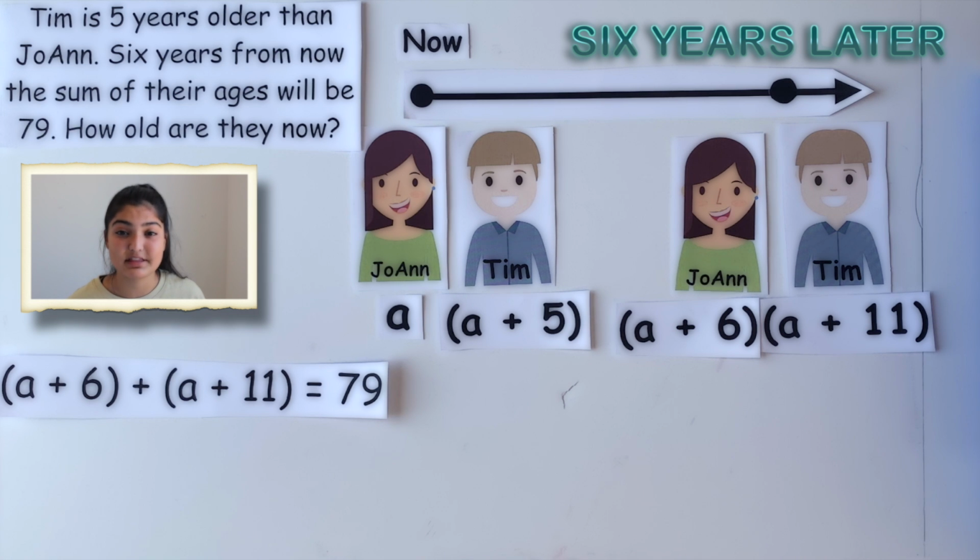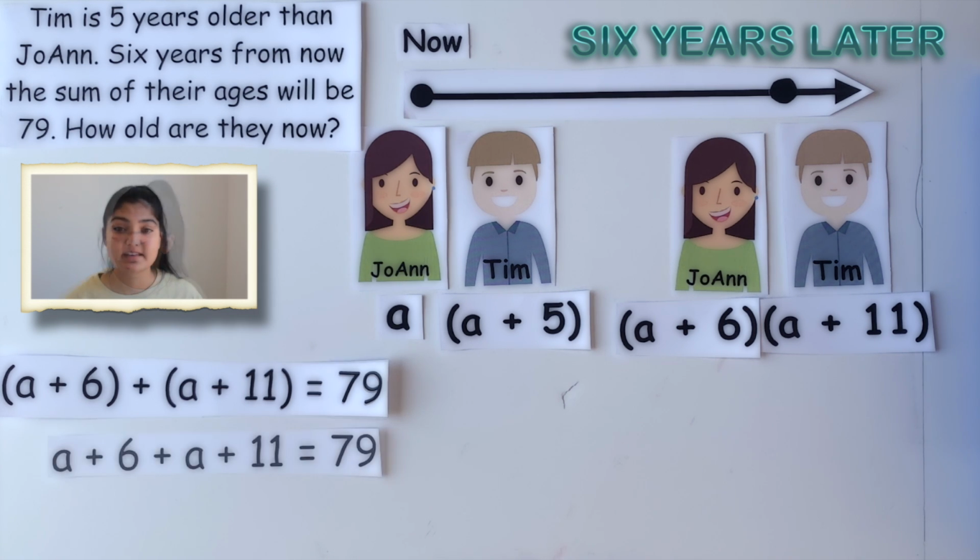Now, let's open the parentheses. Next, we can combine like terms on the left side of the equation. A plus A is 2A, and 6 plus 11 is 17.